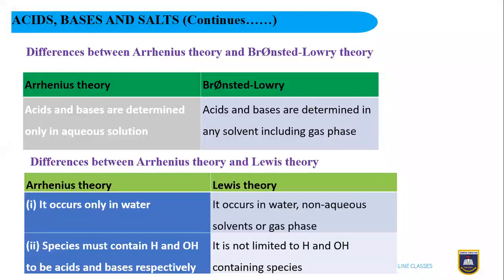All right. So let's bring this concept to an end by looking at similarities and differences between these people's definitions. And this invariably is the same as their strengths and their weaknesses. That's what you have on your slides now. So between Arrhenius and Brønsted-Lowry, look at what I put there. Arrhenius says acids and bases are determined in aqueous solution.